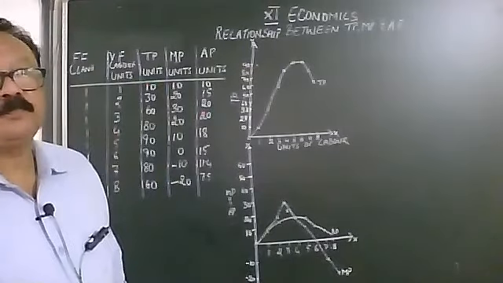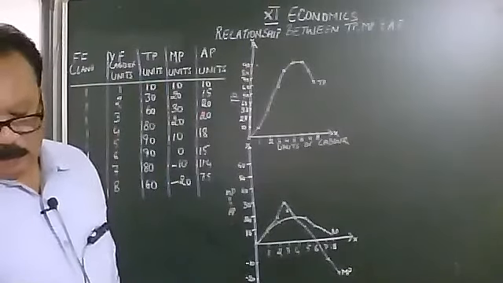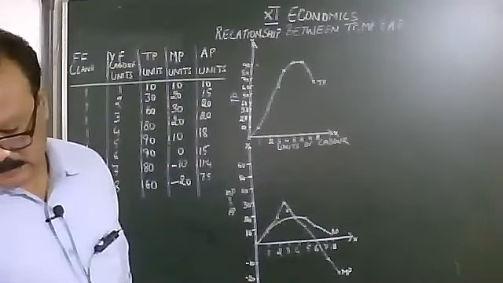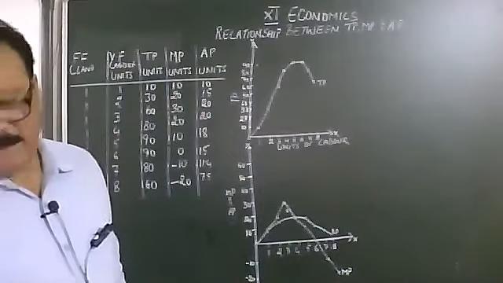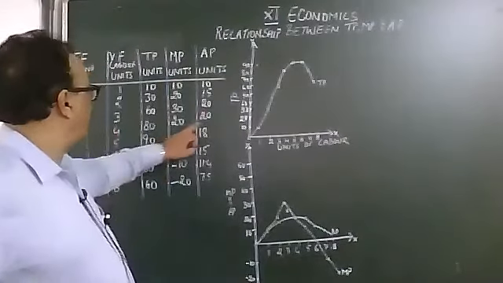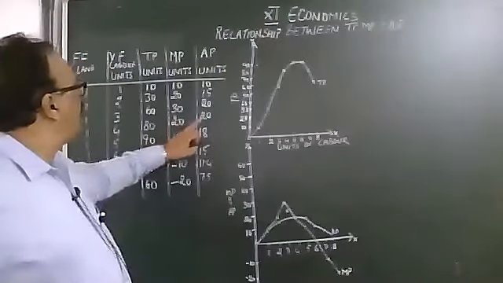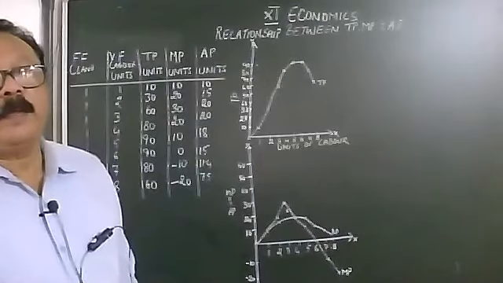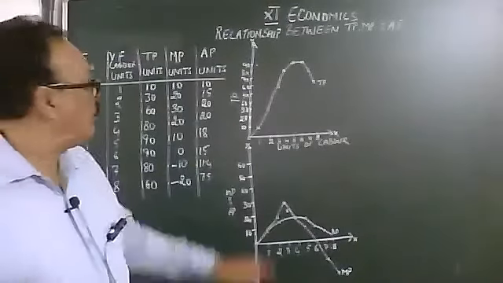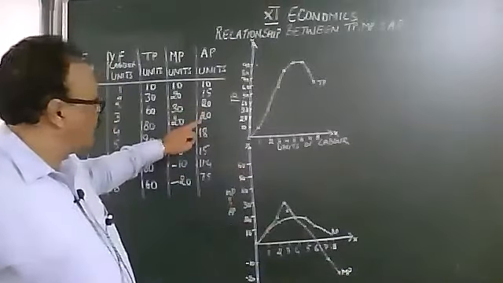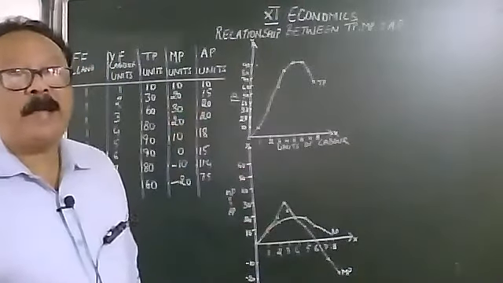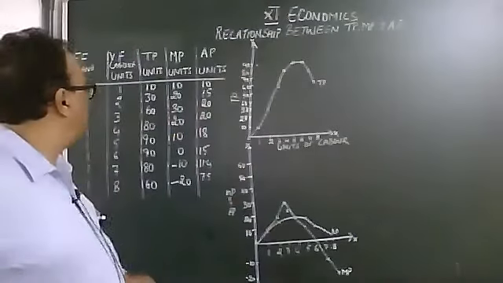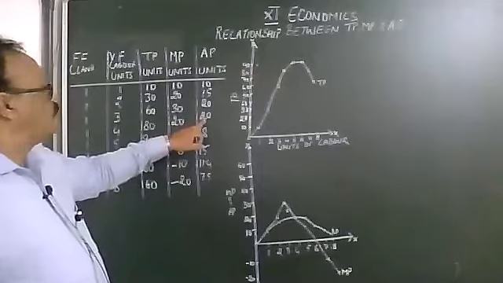Second point, when MP is equal to AP, AP is maximum. If you see, AP is maximum. That is in the fourth unit. AP's value is 20.